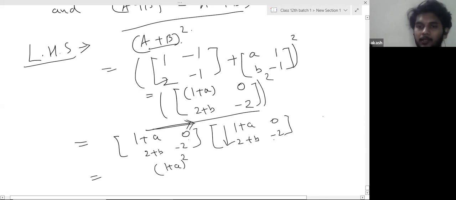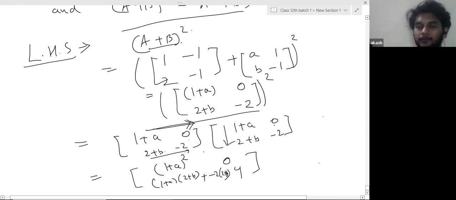Now take the same row and the second column. So 1 plus a into 0 is 0, 0 into minus 2 is 0. Now the second row and first column. So this is (1 plus a) times (2 plus b) plus minus 2 times (2 plus b). And in here 2 plus b into 0 is 0, minus 2 into minus 2 is 4.